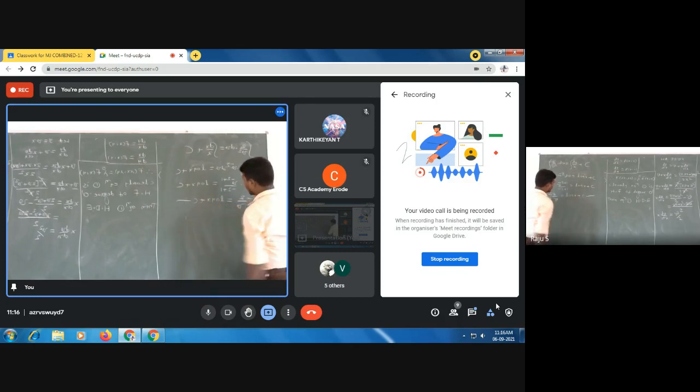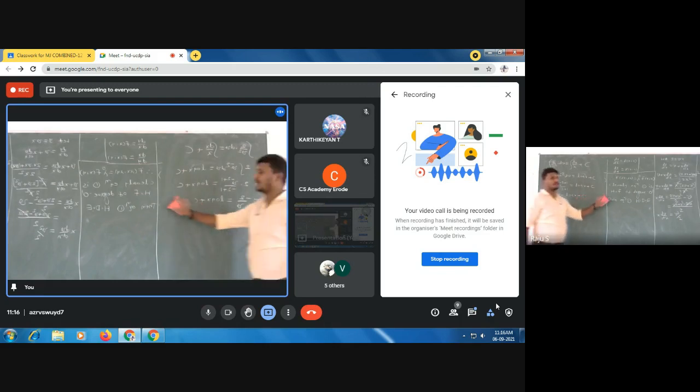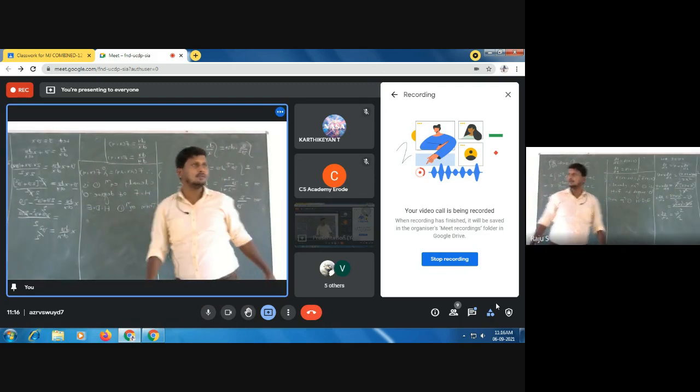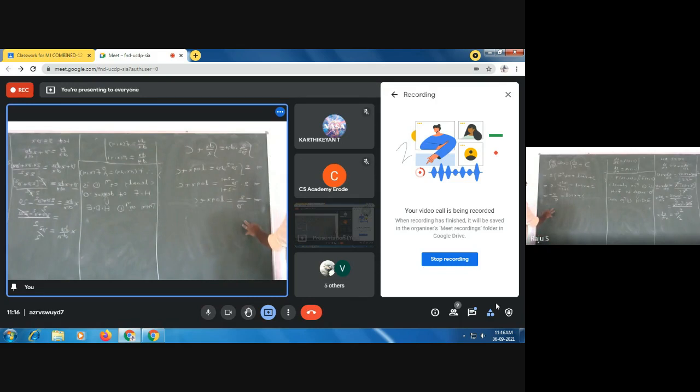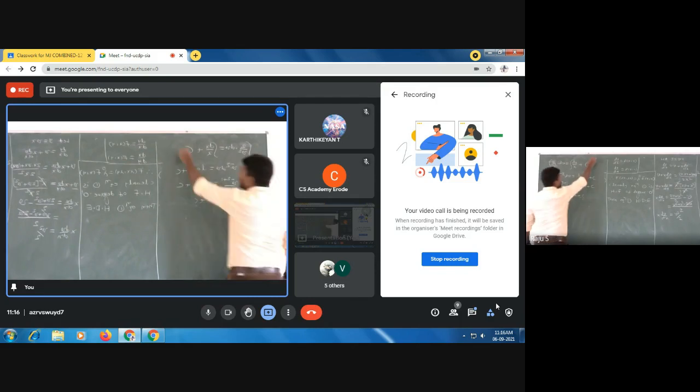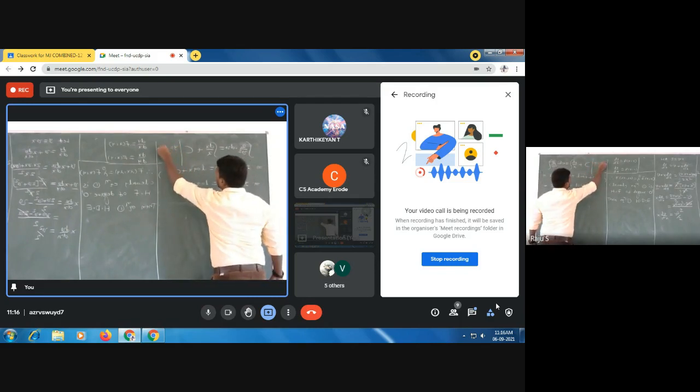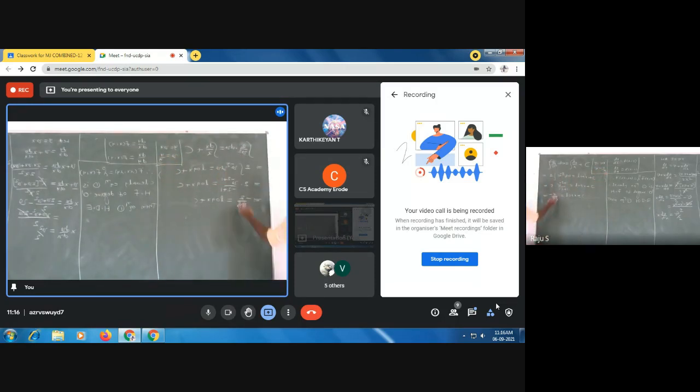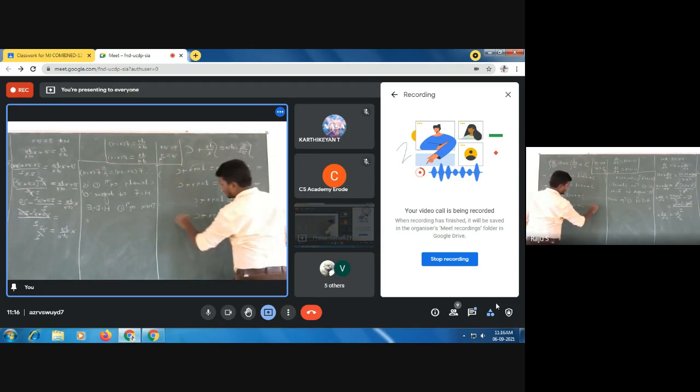At last we have to replace the v value. What is the v value? y is equal to vx, so v is y by x. Replacing y by x, we get 2x by y is equal to log x plus c. Let us take this as equation 2.